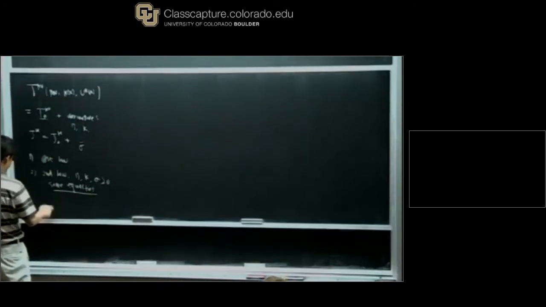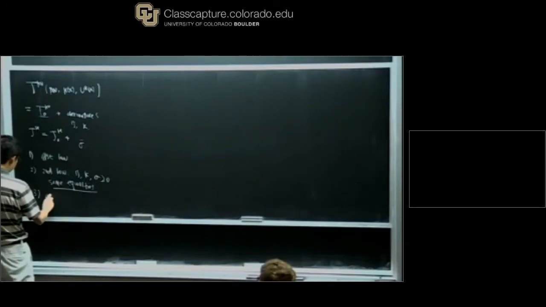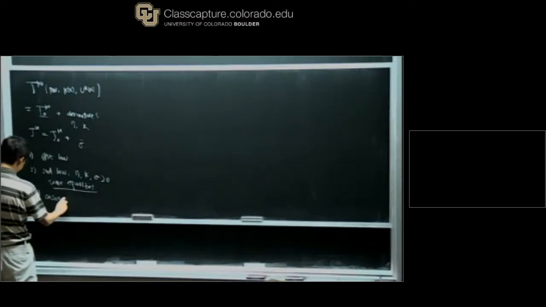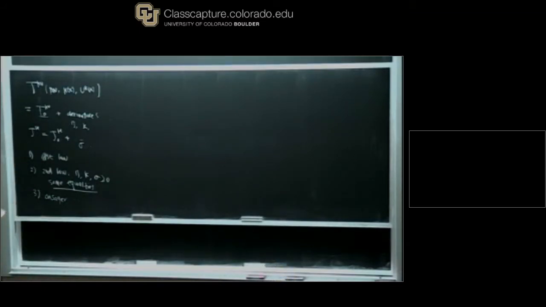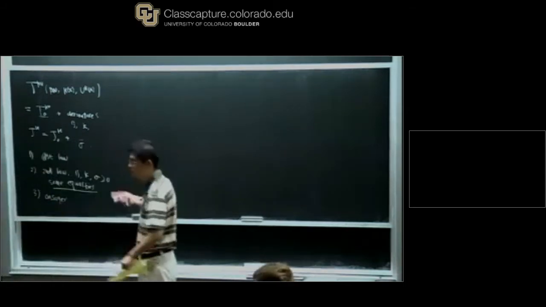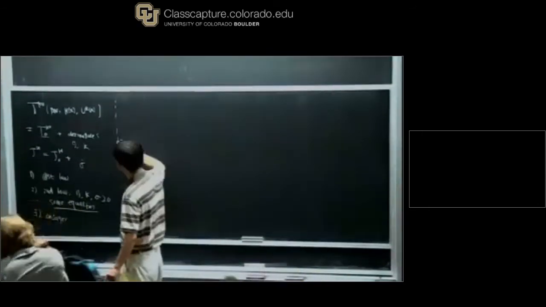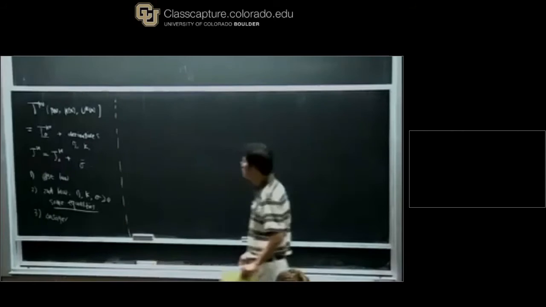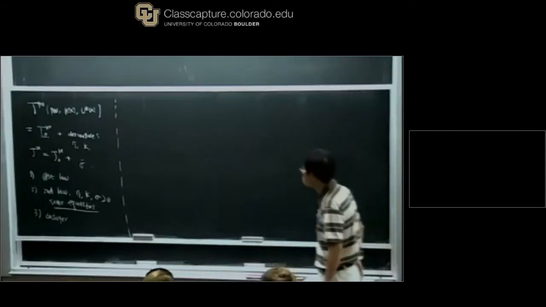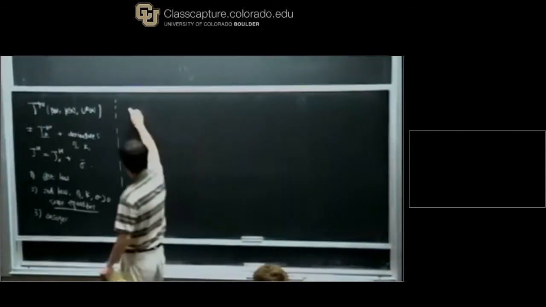And then the third one is the Onsager relation. So you have to impose those constraints, and then you have an essentially complete formulation, formulated as equations of motion.